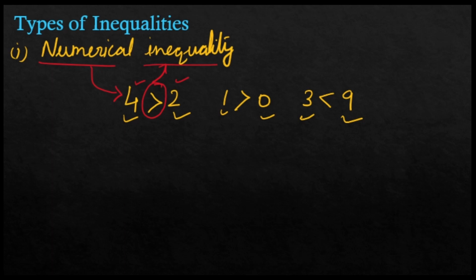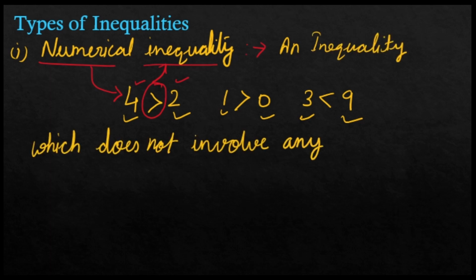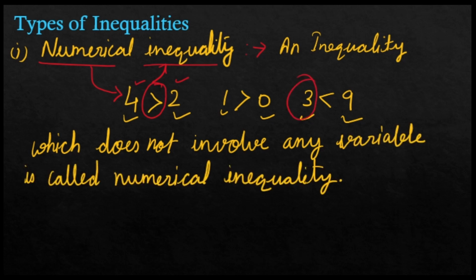A numerical inequality is an inequality which does not involve any variable. It is clearly visible in all these examples that all are numbers, with no sign of a variable.